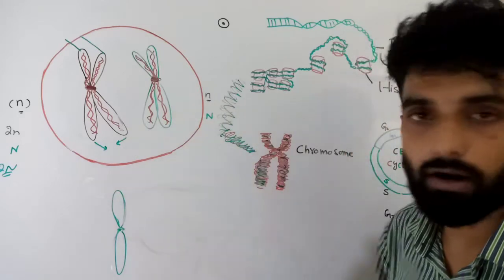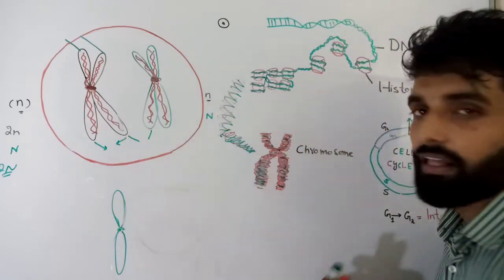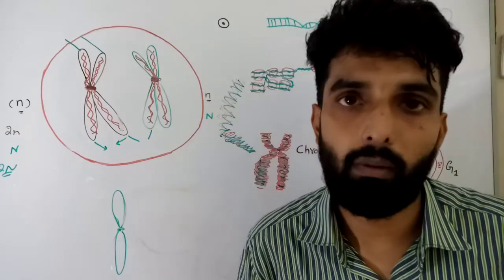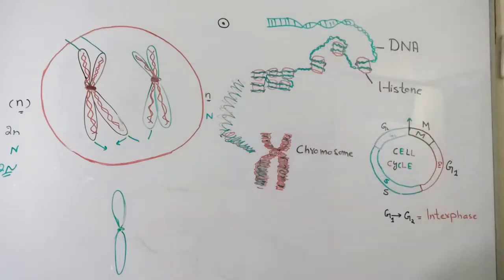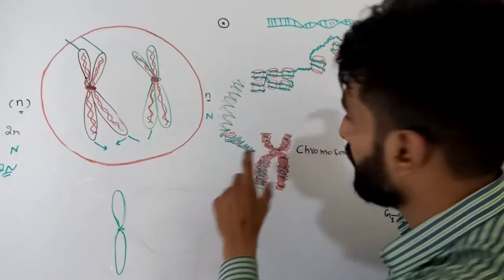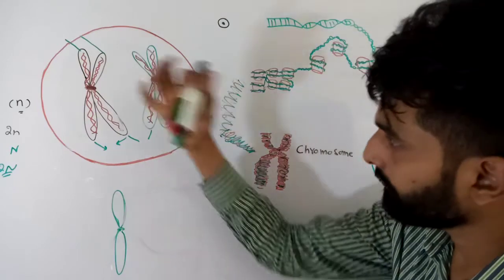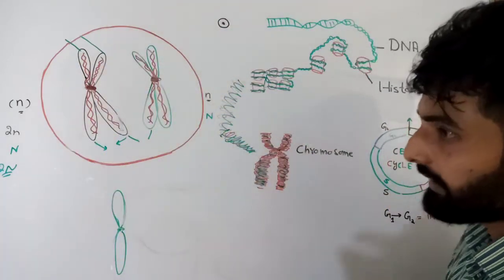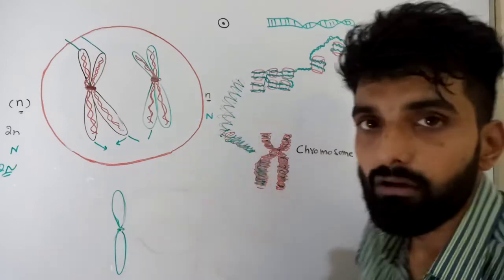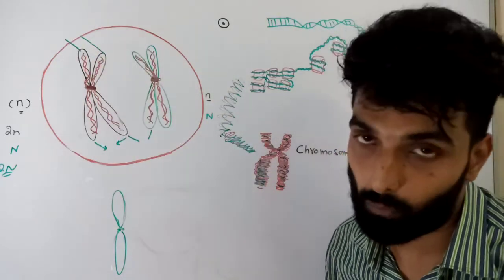But this chromatid and this chromatid are basically non-sister chromatids. I think now you are very clear about chromatin, chromosome, and chromatid. After the DNA replication, the sister chromatids will be formed, and the chromosome will be converted into a double structured chromosome.